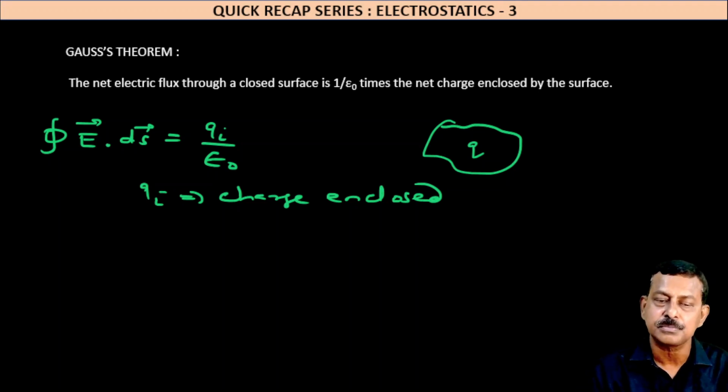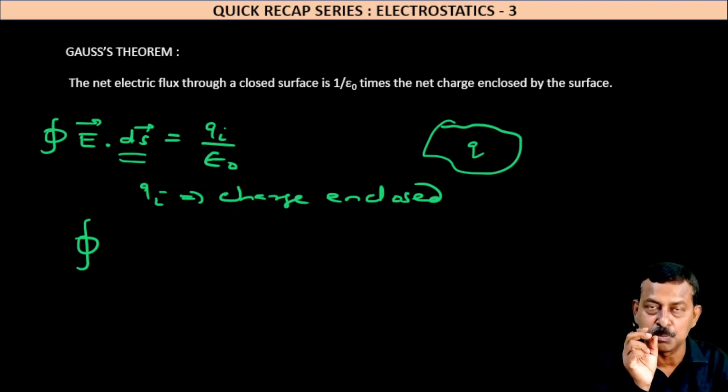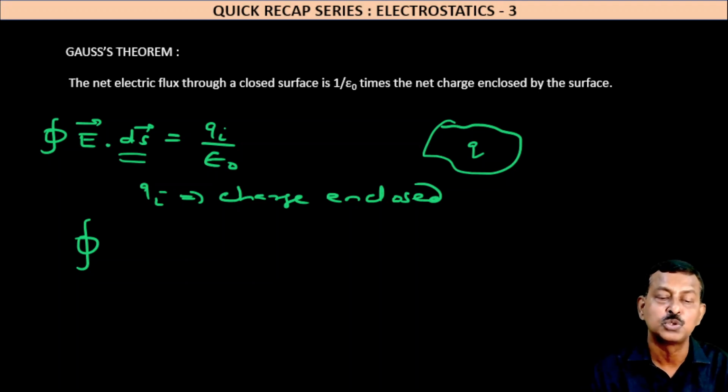And remember, this is the symbol we use for integration over a closed figure. As we are integrating over ds, which is an elementary surface, the integration will be over a closed surface. So this is your Gauss theorem.